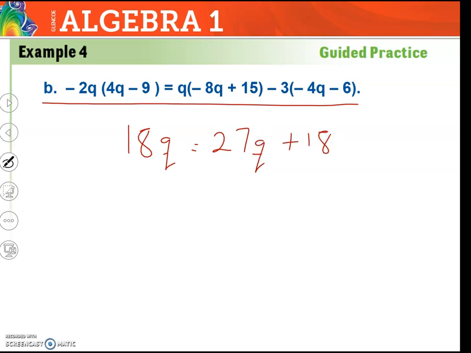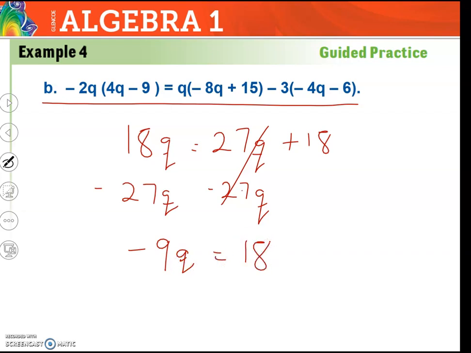This is an equation, so minus 27q from both sides. That goes away, and we have negative 9q is equal to 18. And we divide by negative 9 on both sides.